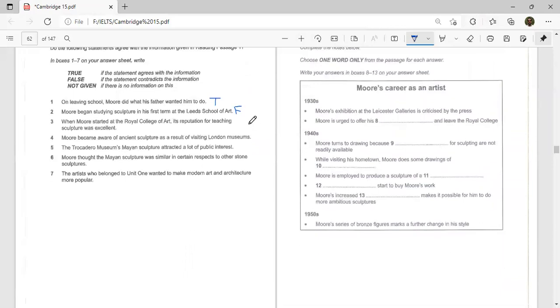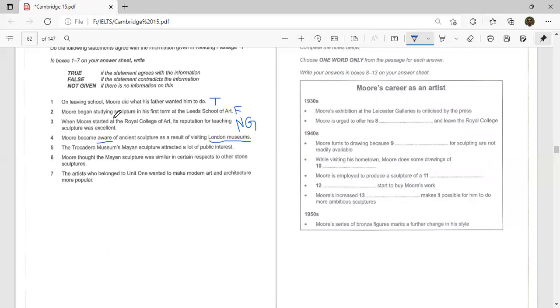Next one, please. Moore became aware of ancient sculpture as a result of visiting London museums. London museums is a keyword, and awareness of ancient sculpture.